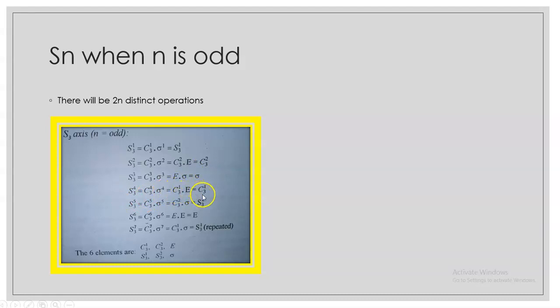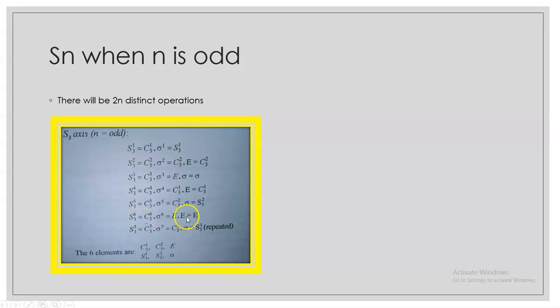So it is C31. S35 is equal to C35 into sigma 5. So C35 is nothing but C32, because C33 into C32, and C33 is identity, so it goes away. And the operation you get out of this is S32. And S36 is C36 into sigma 6. So C36 can be written as C33 into C33.